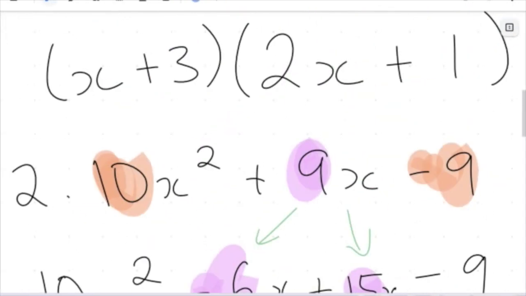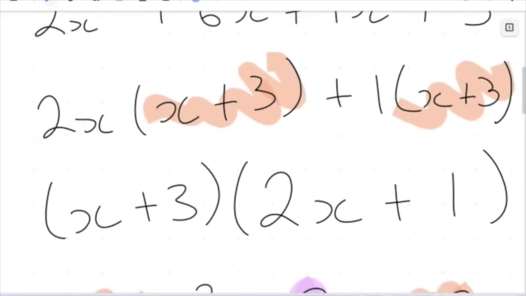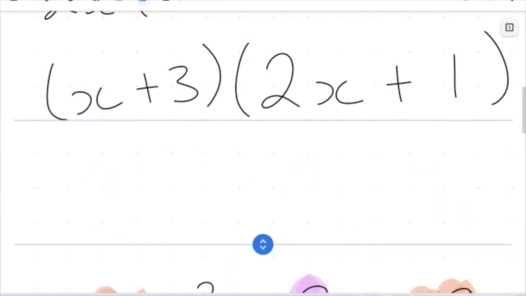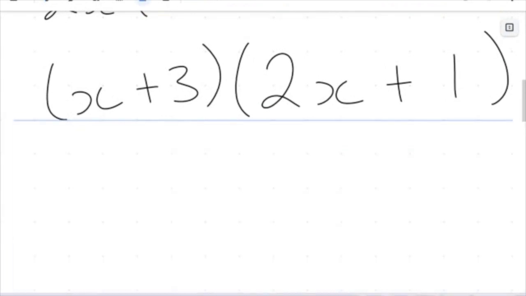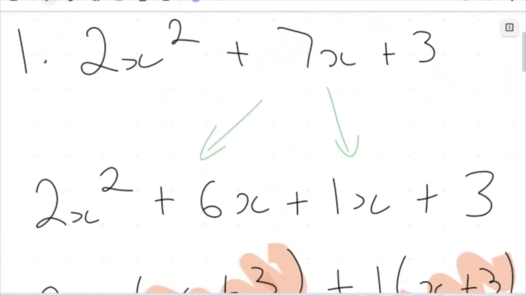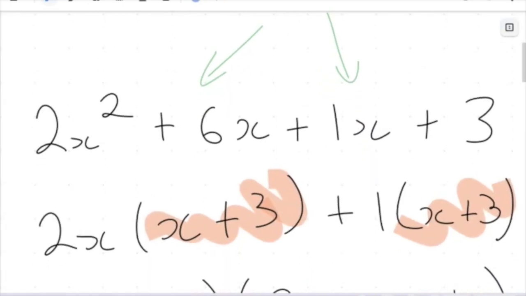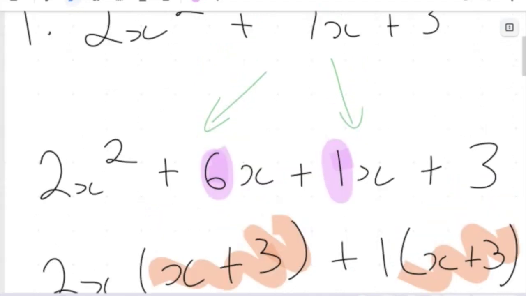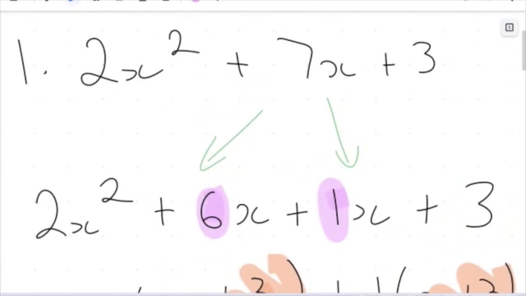Let's look at the top example where I freestyled it again. To give myself some more space first, let's look at these factors that I picked. 6 and 1. They still added to give me 7. That's good.